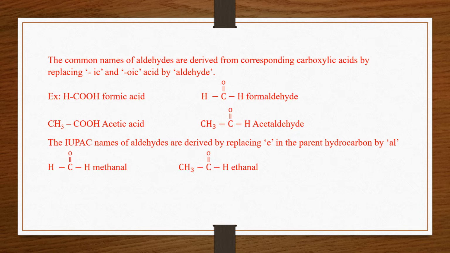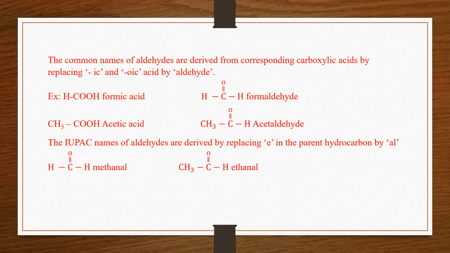They are derived from corresponding carboxylic acids. The general formula of a carboxylic acid is R C double bond O OH. And how to derive? By replacing ic and oic acid by aldehyde. Two examples I have written here: formic acid and acetic acid.